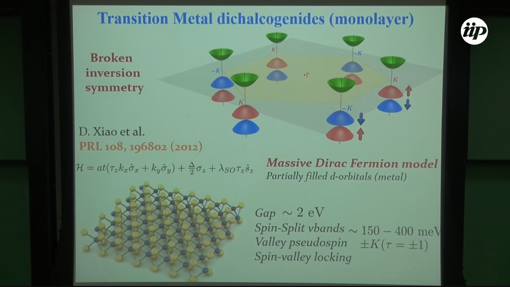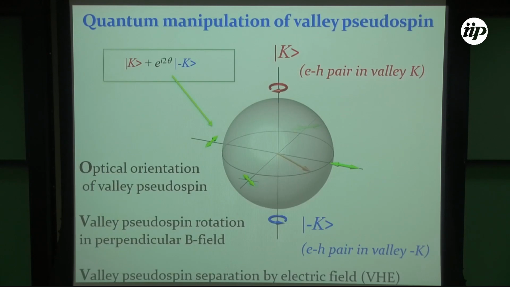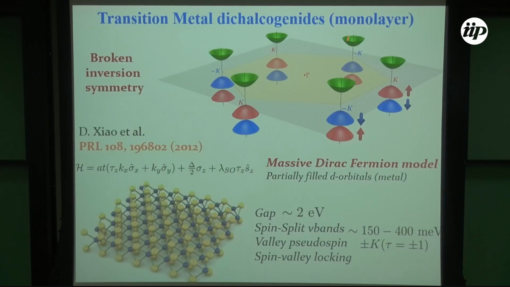This is the so-called spin-valley locking. This means that, for instance, if you shine light and you create excitons, it was shown that the polarization of the light in the circular symmetry, clockwise or counterclockwise, will by selection rule create an exciton in one valley or the other.